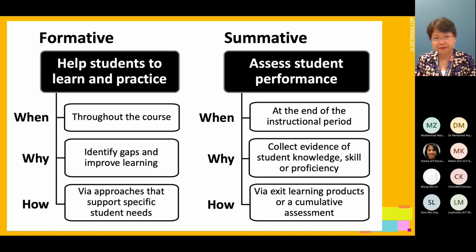Formative assessments could be just a pop quiz that does not account for any marks at all. It's just to help us know whether the students have understood what they have been taught. If you have any questions during the workshop, please do feel free to ask.